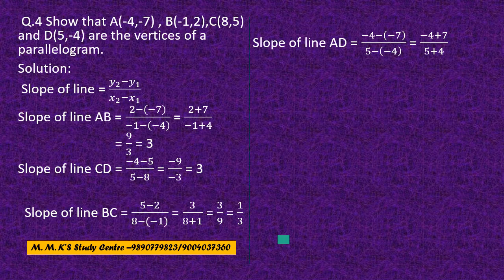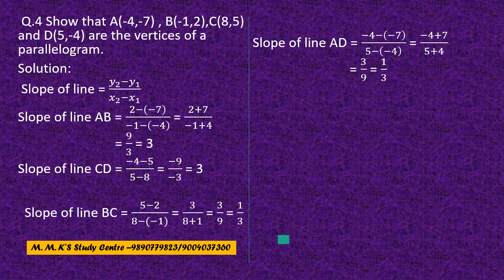Minus 4 will remain as it is, but minus and minus 7 will become plus, so you will get minus 4 plus 7. Denominator 5 minus minus 4, so 5 plus 4. Minus 4 plus 7 will give you 3, whereas 5 plus 4 will give you 9. So you will get 3 by 9, which is nothing but 1 by 3.